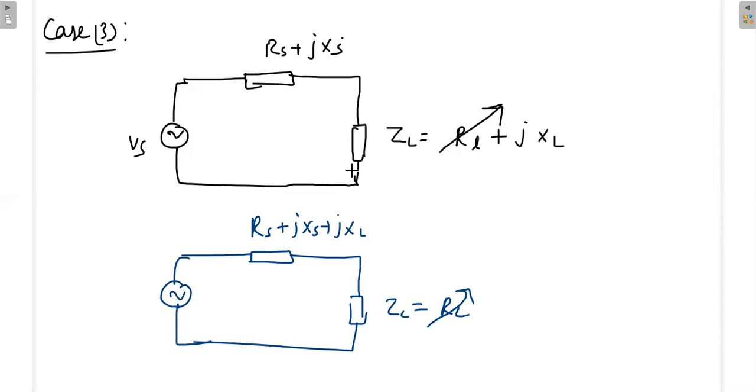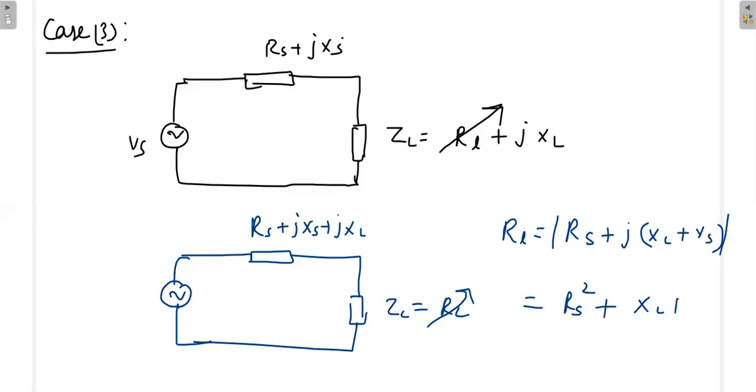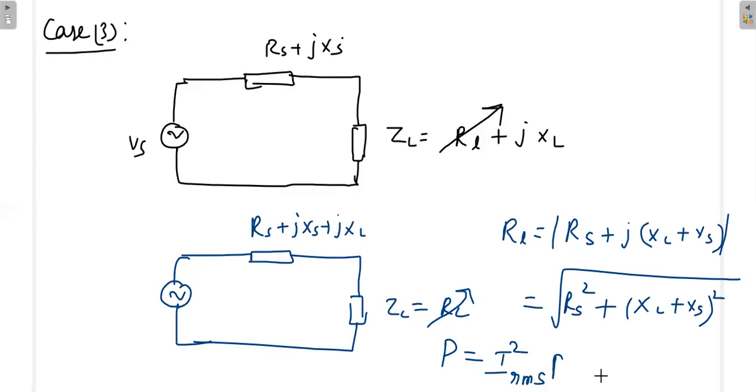Whenever this situation is there, you have to take the modulus. Then what is the modulus value? XL plus XS modulus. Then you will get the square root of RS square plus XL plus XS whole square. So this is the way. Then what is the power? Power is equal to I square RMS RL. So then next, the case 4.